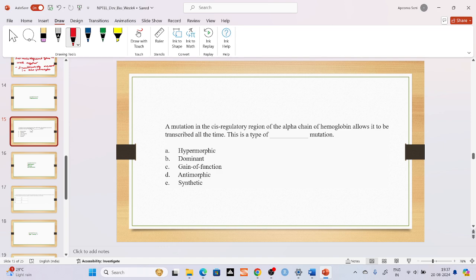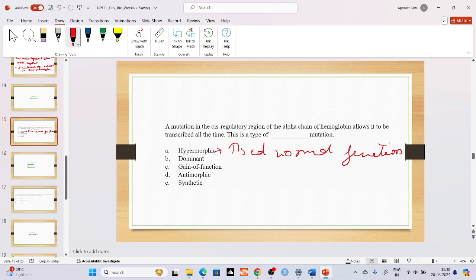Now, I will explain how and why. So, hypermorphic. What is the meaning of hypermorphic? Hypermorphic means that there is an increased normal function.